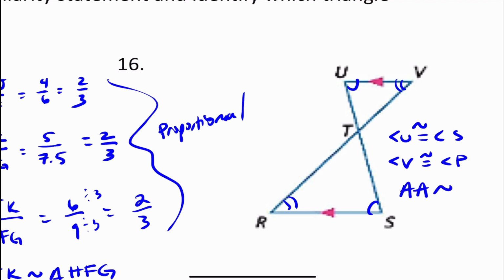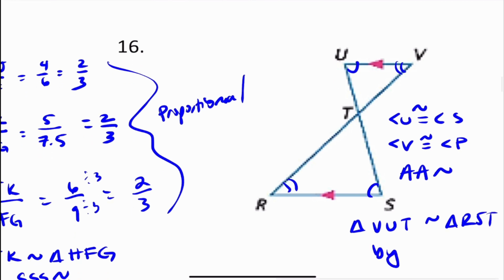So I can say triangle VUT is similar to triangle RST by the angle-angle similarity theorem. All right.